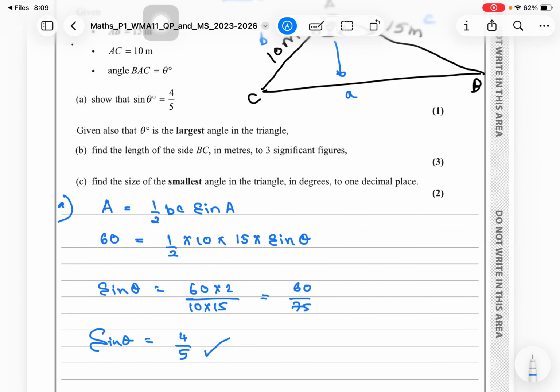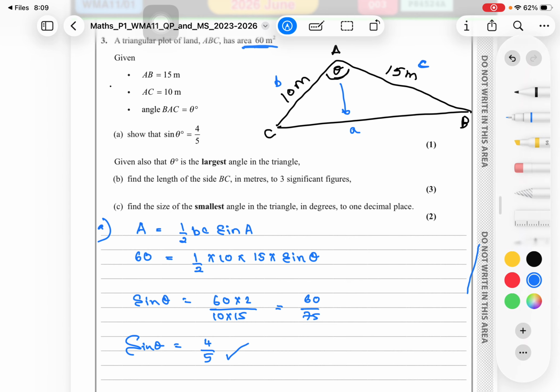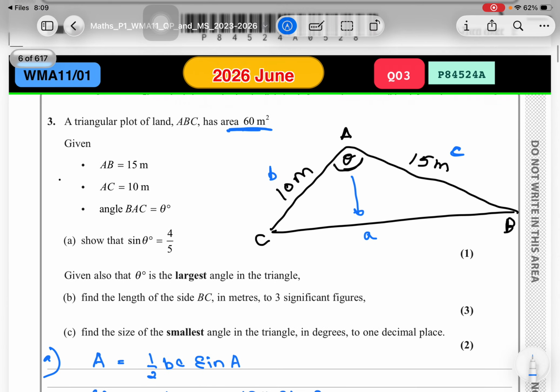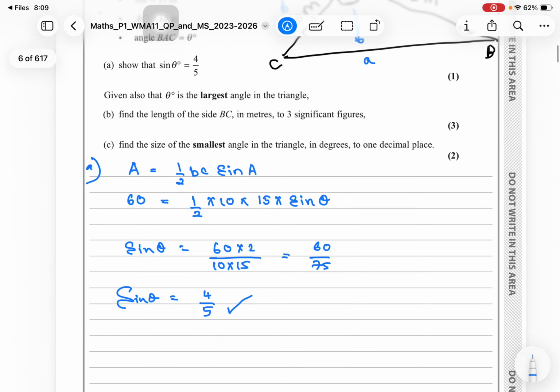Next you have to find the length of side BC. If we come back to the figure, they are asking for the side BC, which is A. Something interesting is they are saying theta is the largest angle.